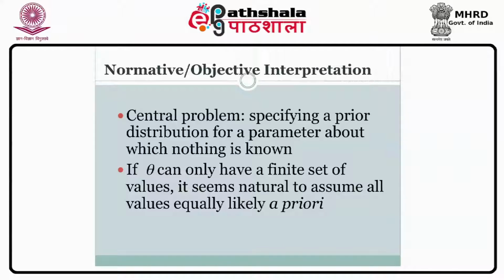So when nothing is known, the question comes up, in the finite interval range of the parameter theta, can we assign equal values, in the sense of equal chance of occurrence of every value of theta? So whether the ordinates are the same for all values of theta in that finite range may be of interest to us.